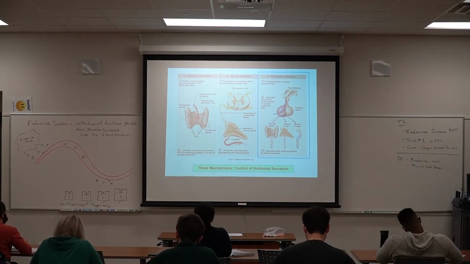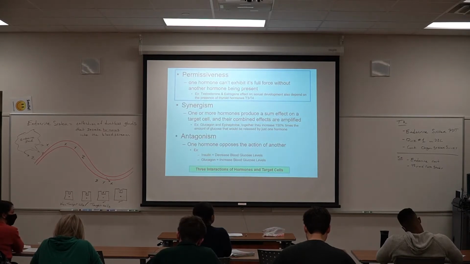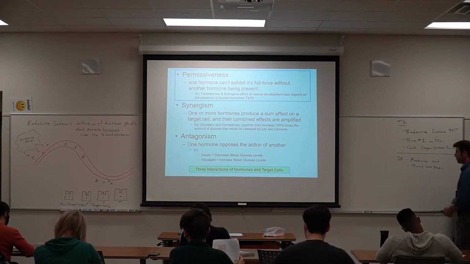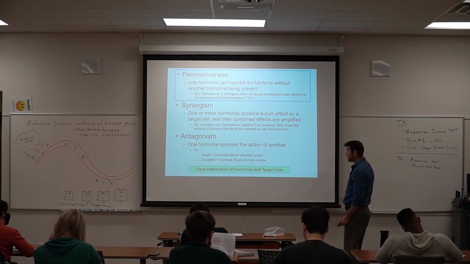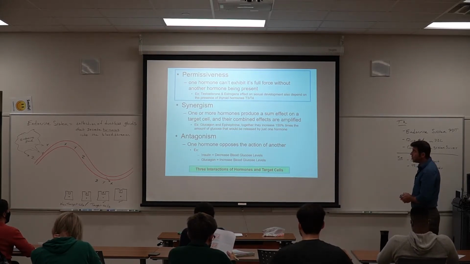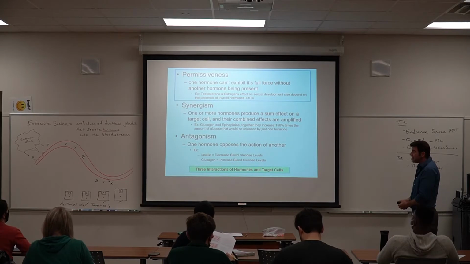We've now seen those three different mechanisms that can stimulate the release of certain hormones. This slide just points out a couple of different relationships between different types of hormones. I was just about to say this a second ago, but I realized we hadn't got to the slide yet. These are three types of interactions between hormones. The first one that we'll mention up here is what's called permissiveness.